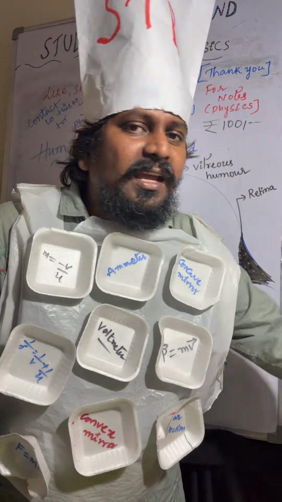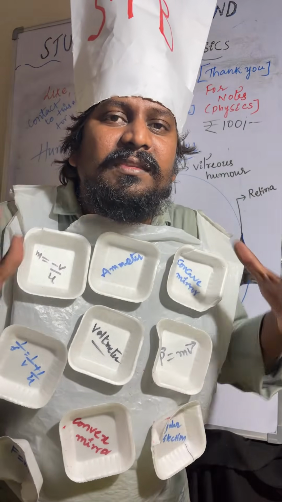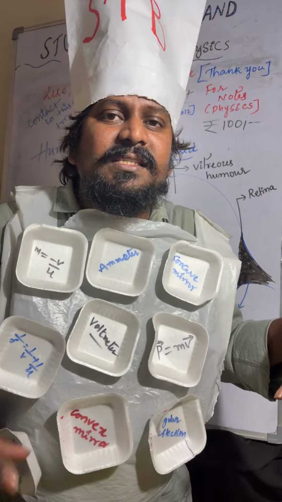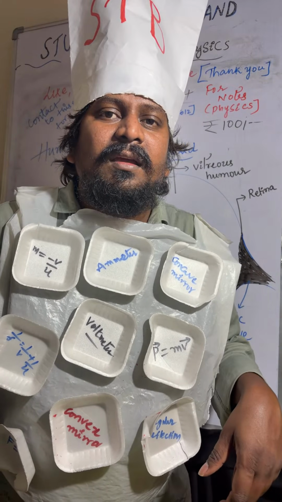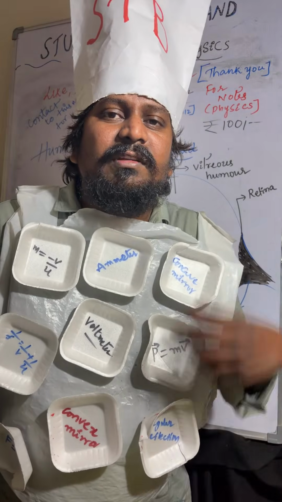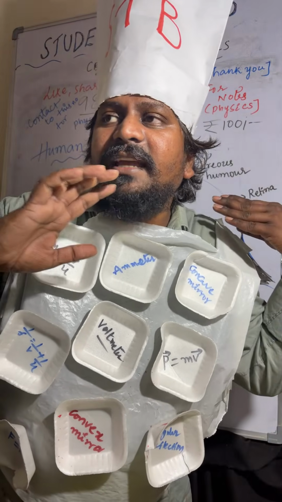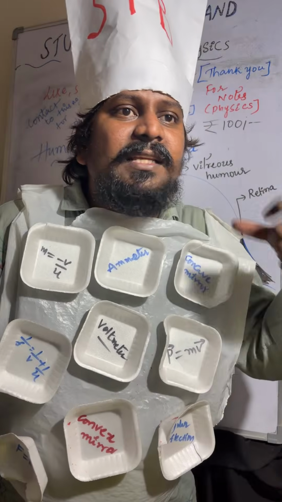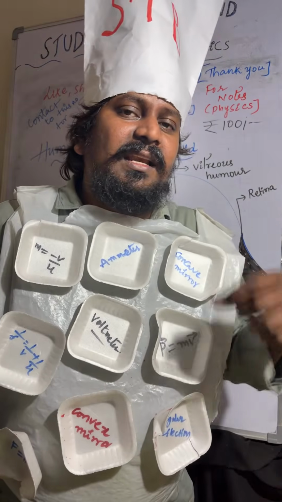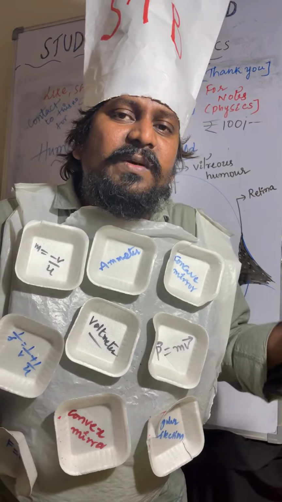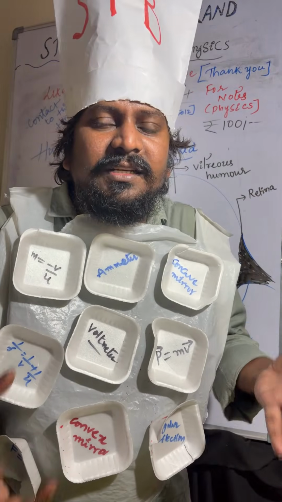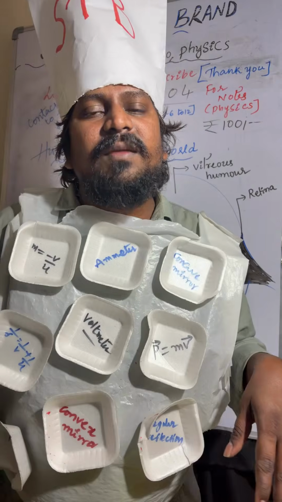When you are seeing a nearby object, the eye lens will be thick, focal length decreases, power will be more. Ciliary muscles will be contracted, eye lens thickness increases, power increases, focal length decreases, so that we are able to see the nearby object.